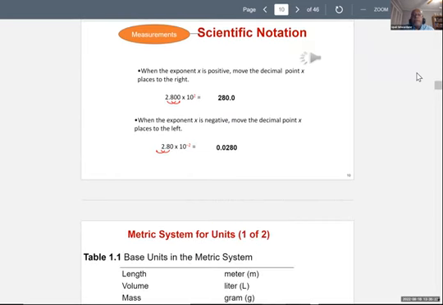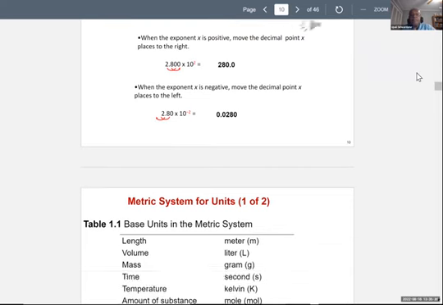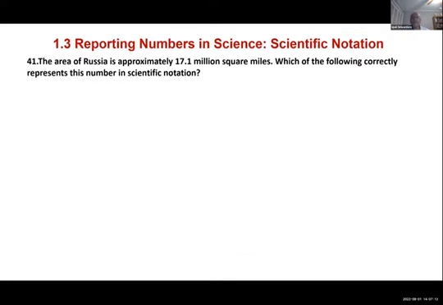Now, you should be able to convert scientific notation to normal form. You move the decimal place. So we talked about that. Okay, we are going to scientific notation. We're done with some chemistry and matter, all right?